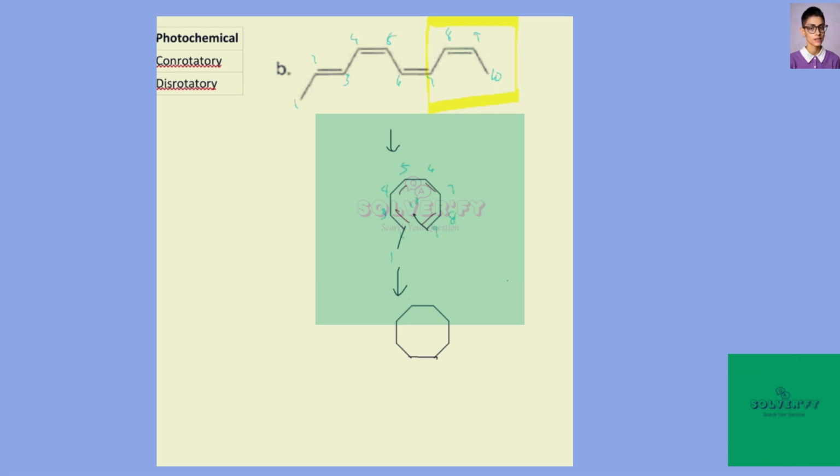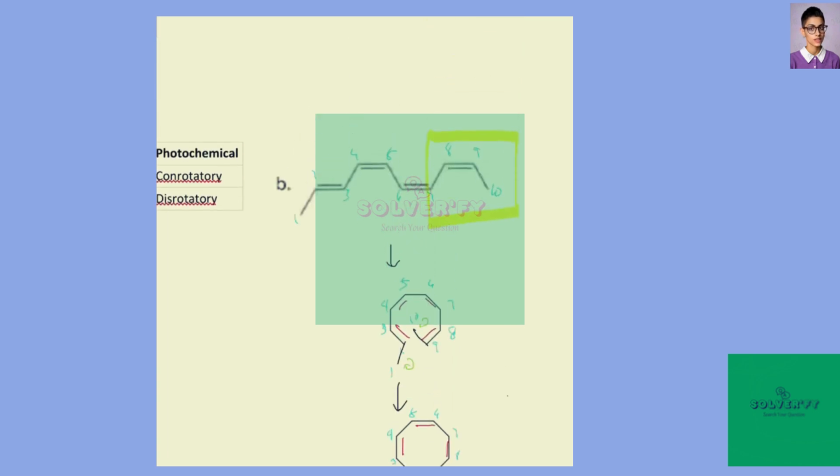So after our arrow pushing, we're going to close our ring. There we go. Now, similarly, we're going to have our pi bonds between 3 and 4, 5 and 6, and 7 and 8. And let's just number them so we see which one's which. And again, since we have 4 pi bonds in our original molecule, if carbon number 1 is going to go clockwise, carbon number 10 is actually going to do the same thing.